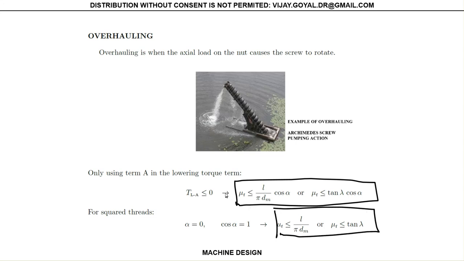It has its purposes and applications, especially when you're working fatigue problems where you're going up and down, up and down. You never want this to go up and lock itself, come down and lock itself. So in that case, you may want to design for overhauling.